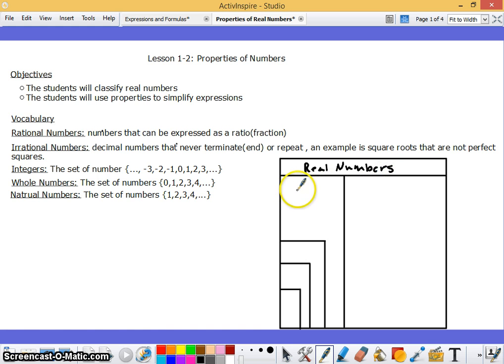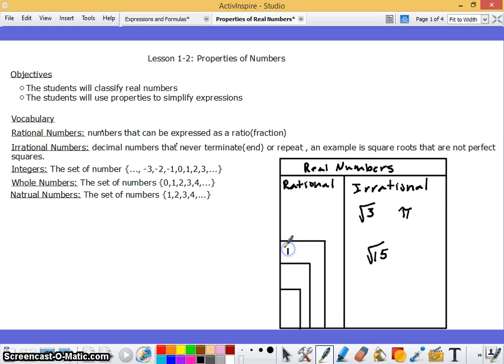Real numbers then get moved into two different ones. They get moved into rational and irrational. If it's irrational, it's just irrational. That's like the square root of 3, pi, square root of 15, all those are irrational. Rational has different classifications.